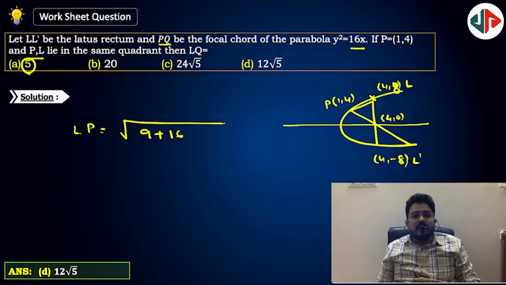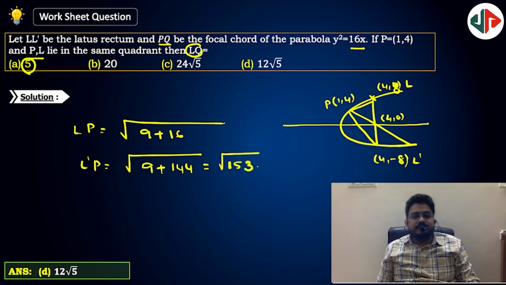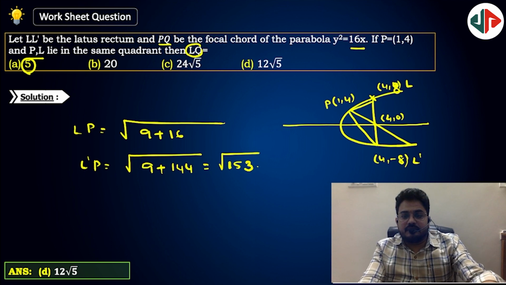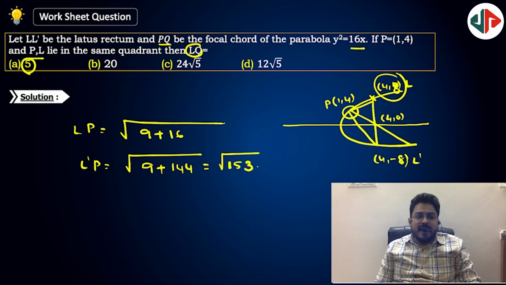And if I want to find L dash P, it is the square root of 9 plus 144, which is equal to root 153. So here we got LP and L dash P.